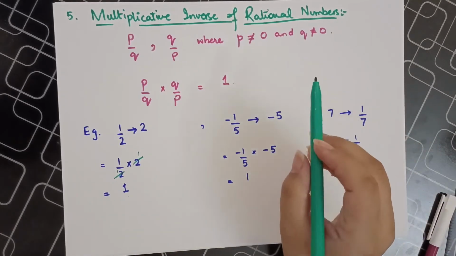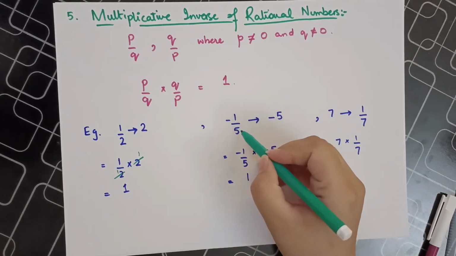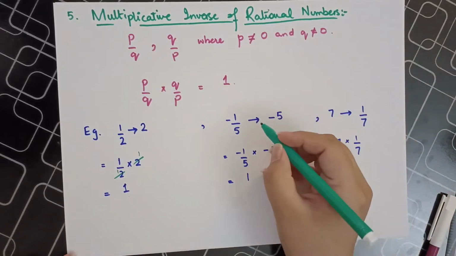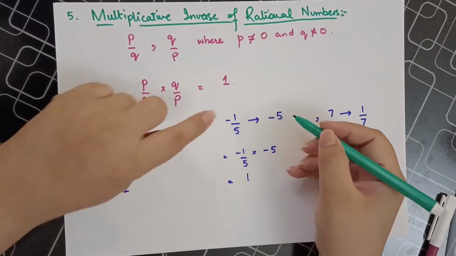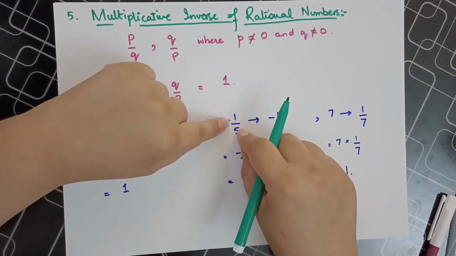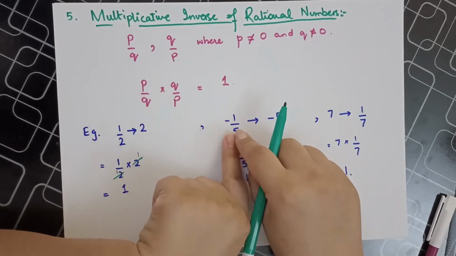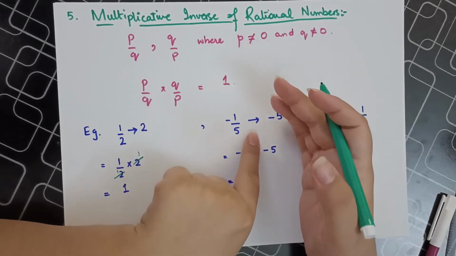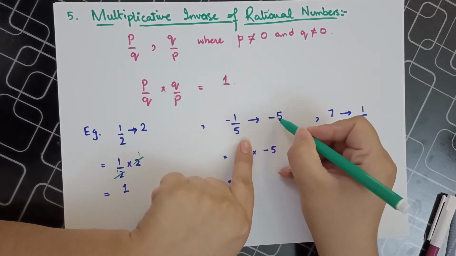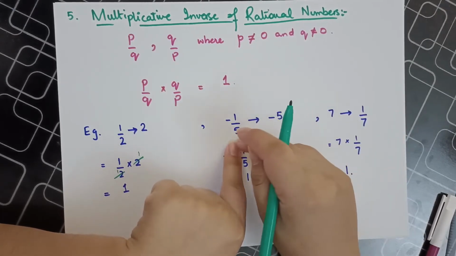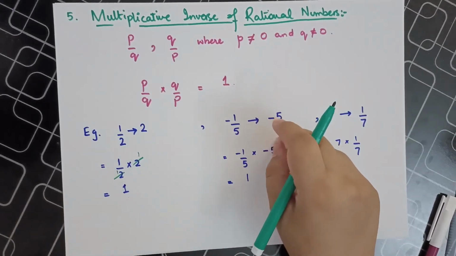Now let's have a look at another example. Minus 1 upon 5. When you take its reciprocal, the answer is minus 5. The minus sign stays with the fraction, so the multiplicative inverse will be minus 5. 1 upon 5, the 5 will go above and become minus 5.